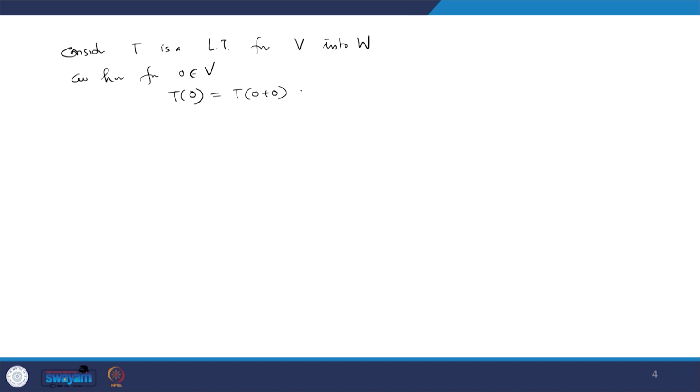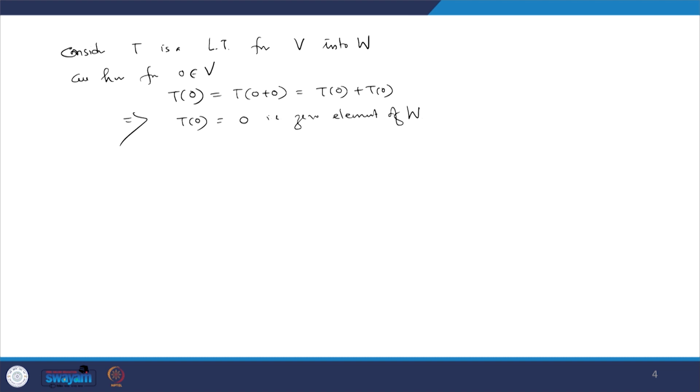So this is equal to T of 0 plus T of 0. This implies T of 0 equals 0, that is, the 0 element of W. Note that the 0 element of V is not necessarily the 0 element of W.